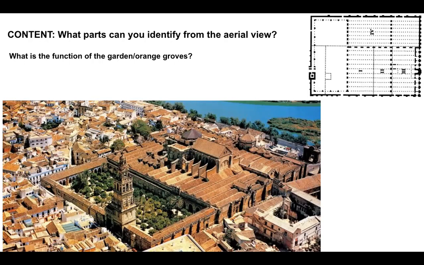Right, it's a tower. This one is square and stacked on top of itself. Right next to the minaret, we have this gigantic courtyard. This courtyard has a garden of orange groves in it. Oranges were common in Damascus, so this is intentionally planted to remind them of home.